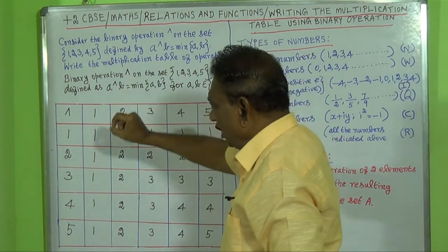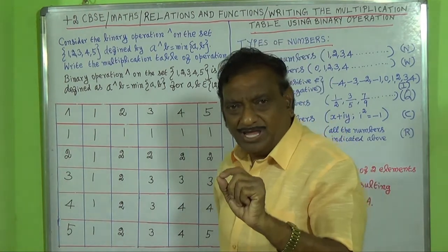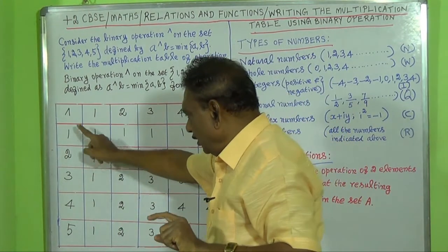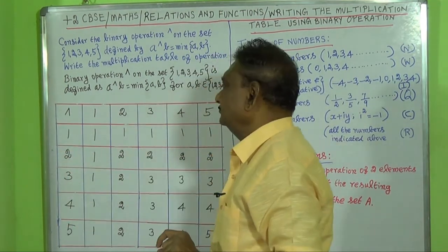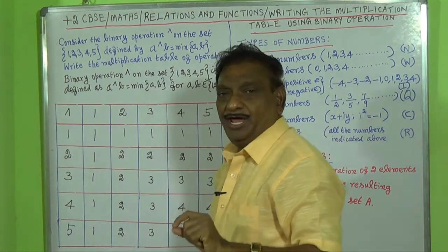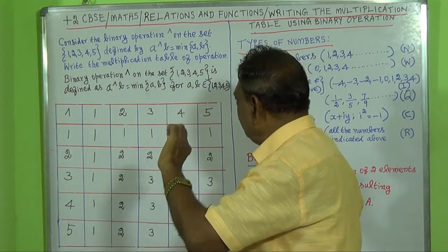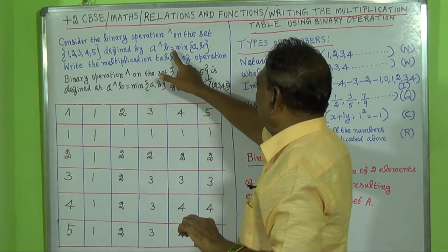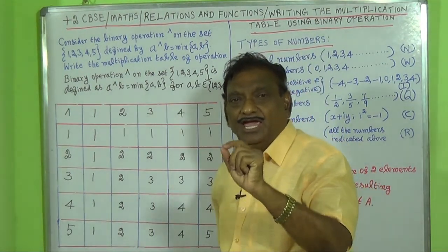In the first column also, we are writing the elements of the given set. That is 1, 2, 3, 4 and 5. In this corner, the binary operation is denoted. As said in the sum, A binary operator B equal to minimum of A comma B.